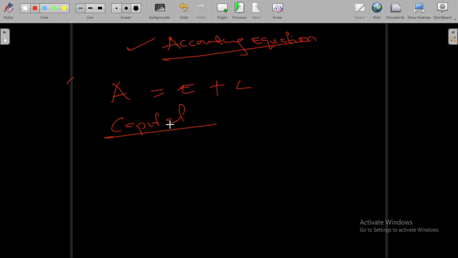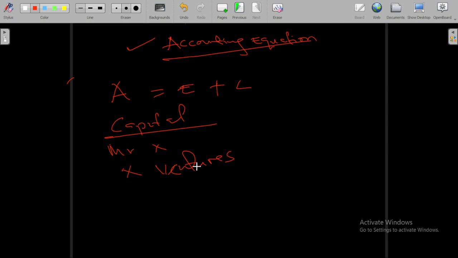So let's assume that he begins by putting 30,000 naira. Let's say Mr. X sets up a business and he calls it X Ventures. That is the name of the business, X Ventures. And he now puts 30,000 naira into that business as capital, to the bank.